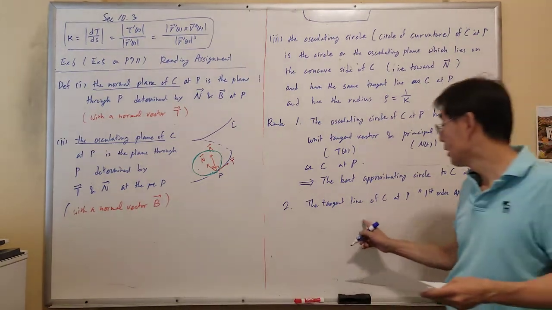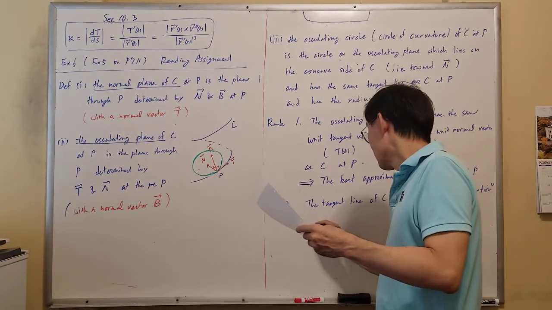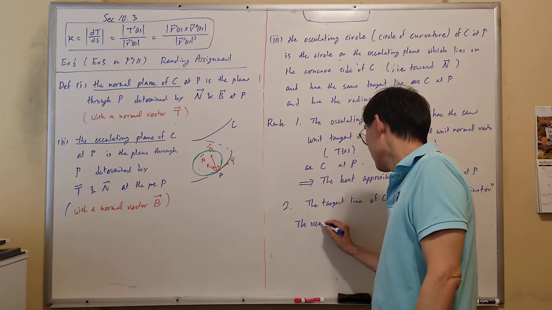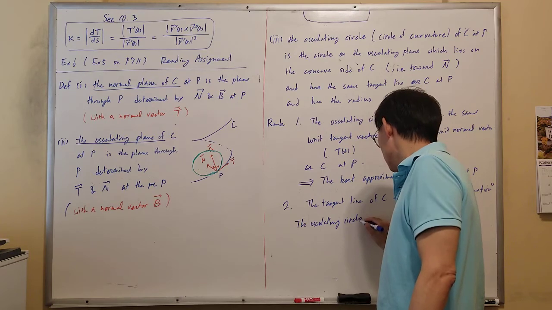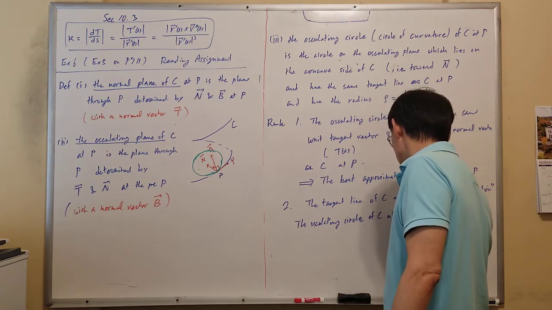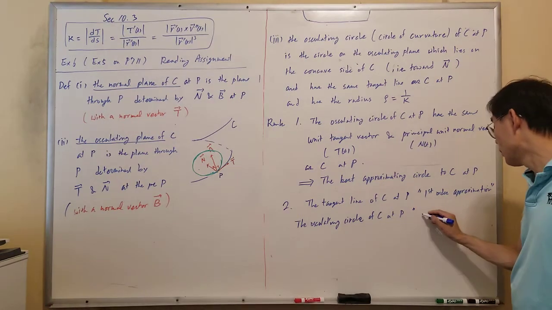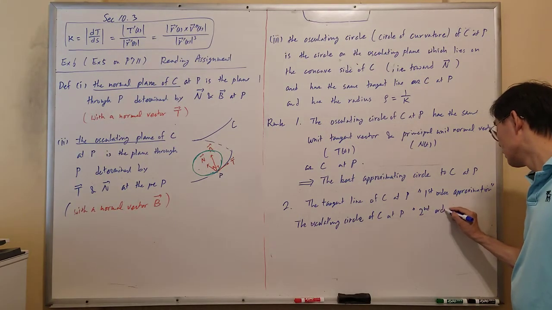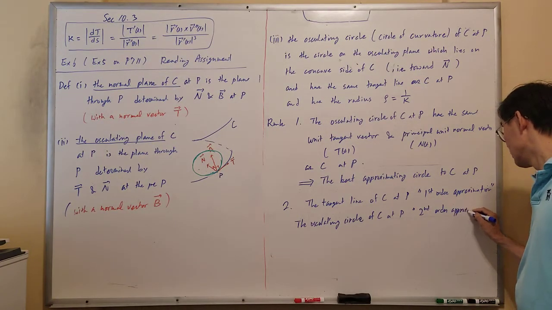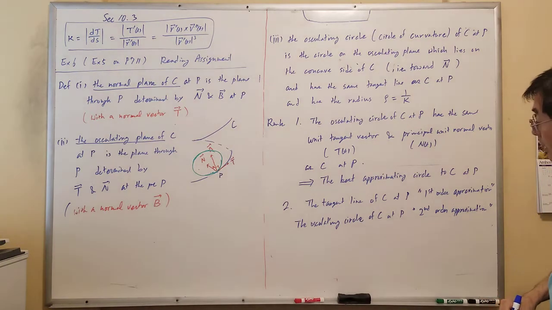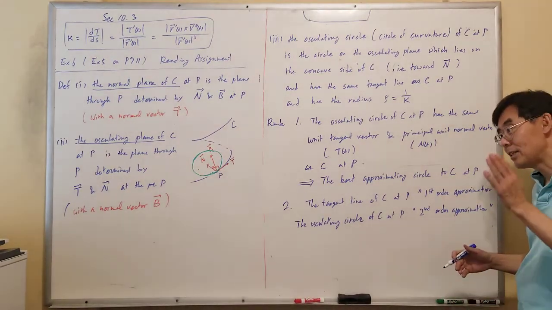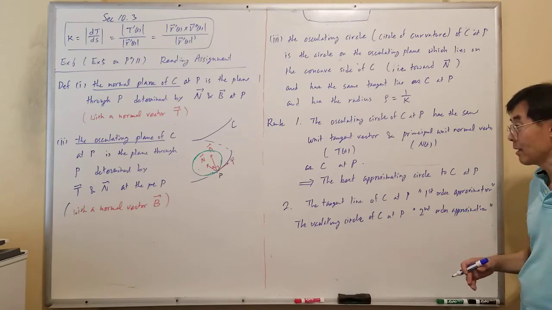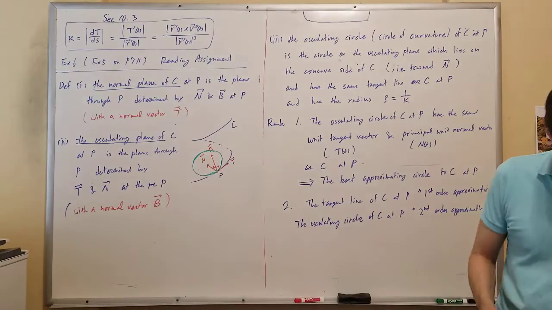Tangent line is linear. The osculating circle of C at P is second order approximation, which has the same curvature, same tangent line, same unit normal vector.